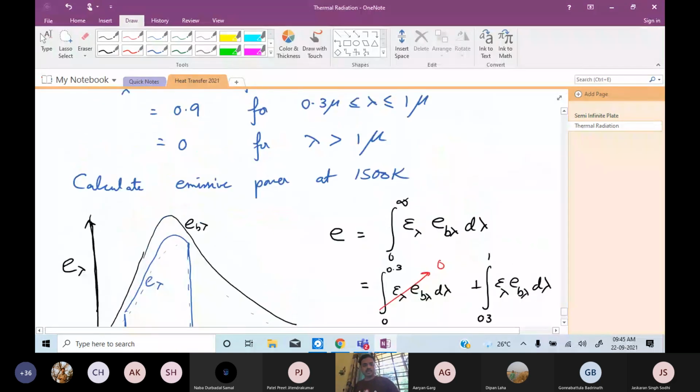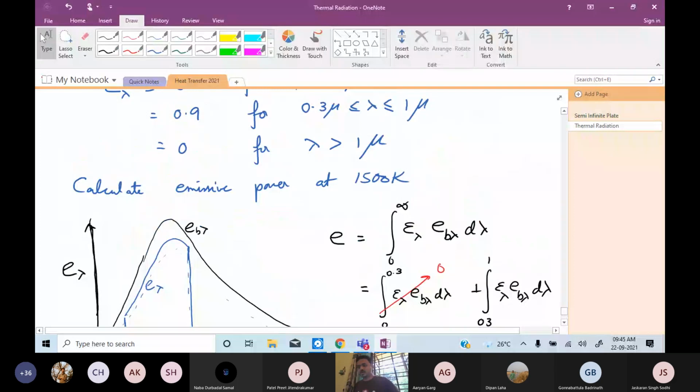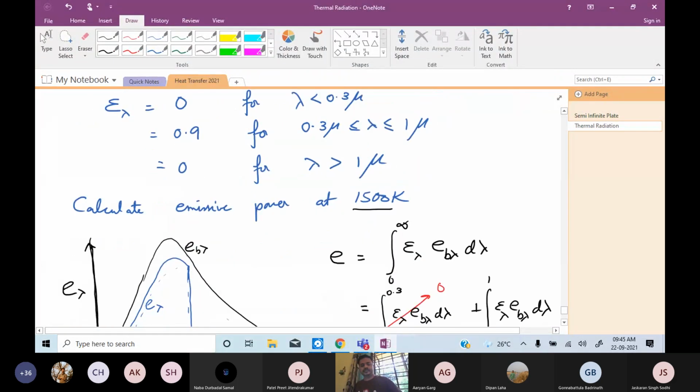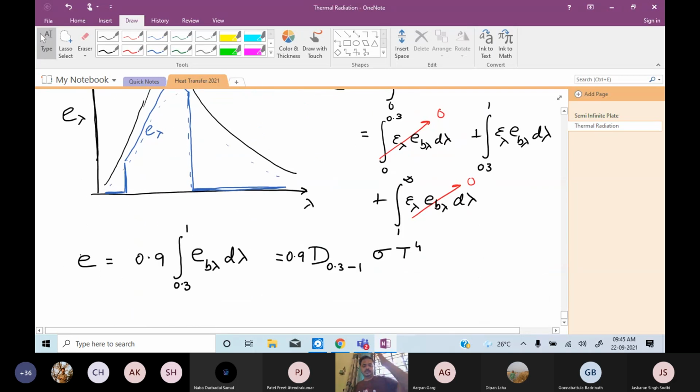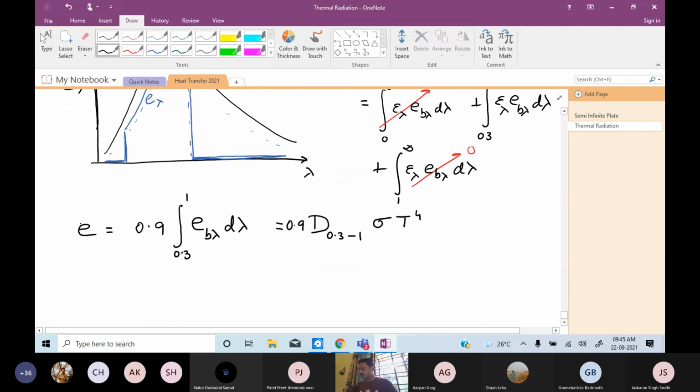And did I write the temperature? Yeah, at 1500 K. There. Now we will use our other technique. I would say 0.9 times d 0 to 1 minus d 0 to 0.3, sigma T to the power 4.